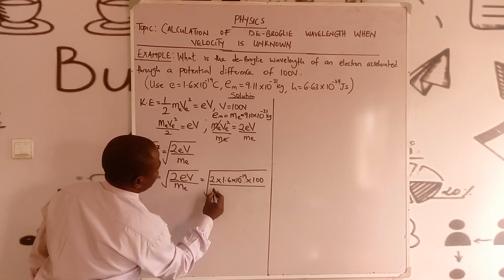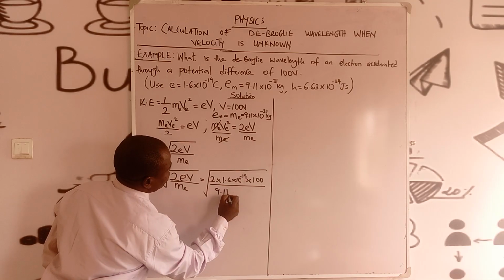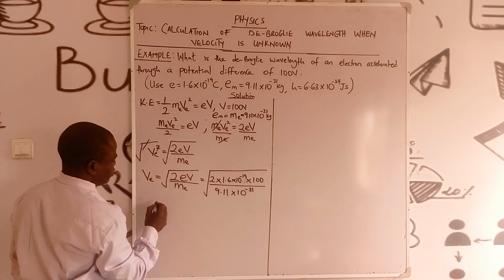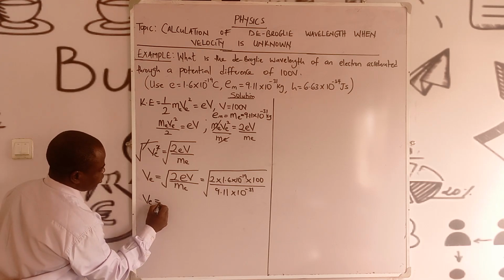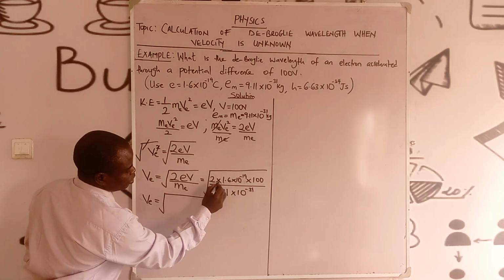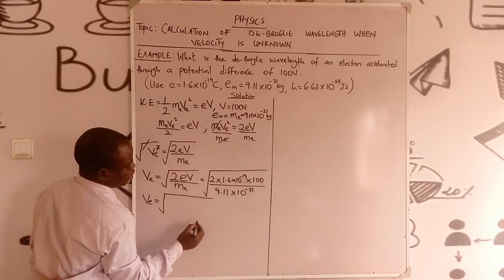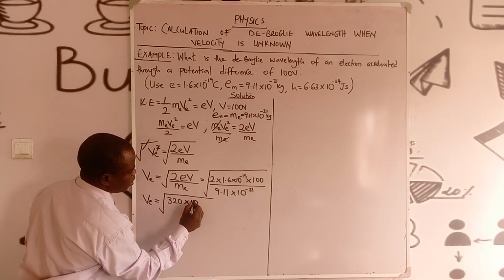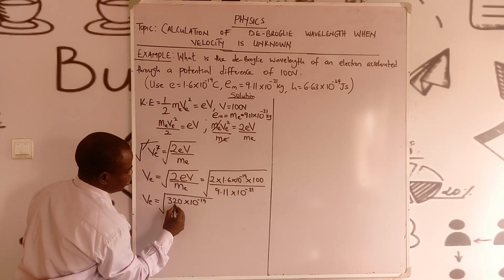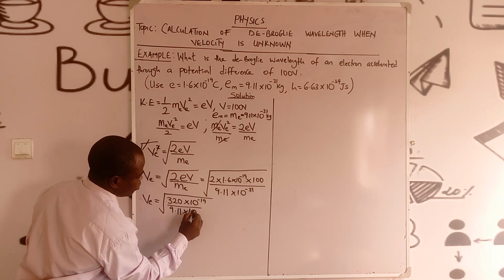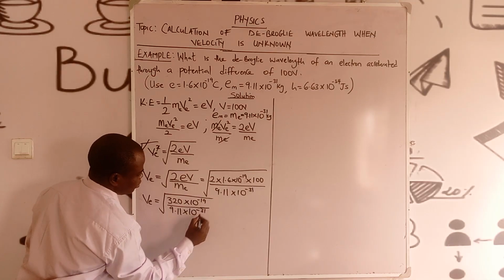I now have 9.11 times 10 to the power minus 31. For the velocity of the electron, when you multiply 2 times 1.6 times 100, that's 320 times 10 to the power minus 19, divided by 9.11 times 10 to the power minus 31.